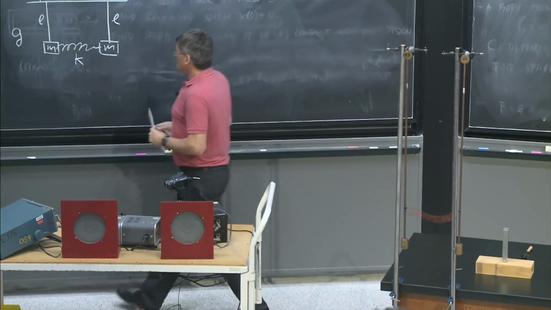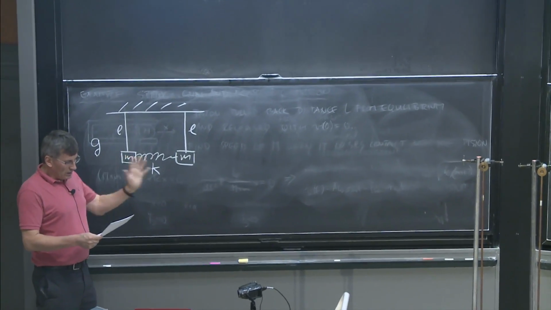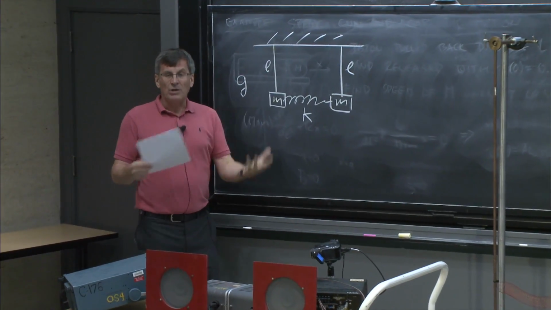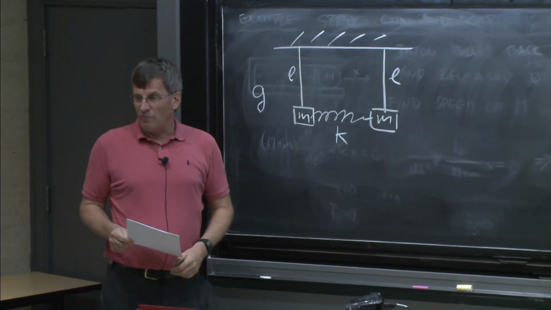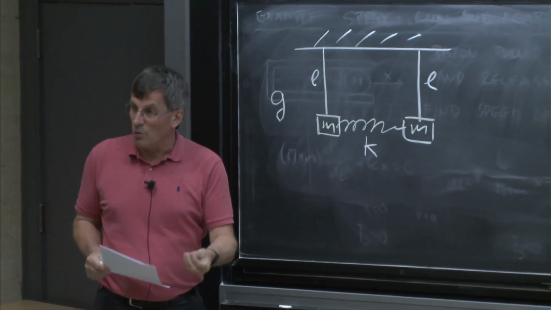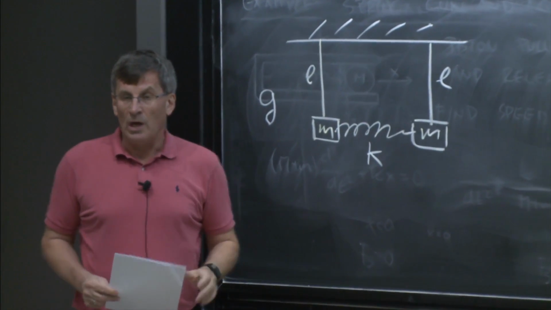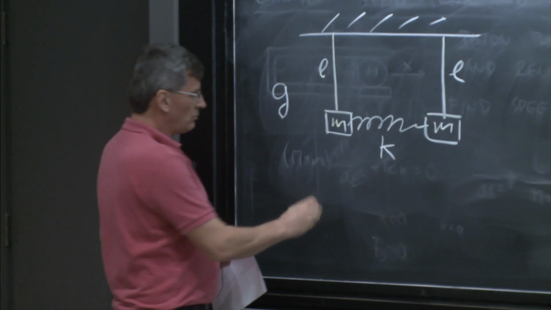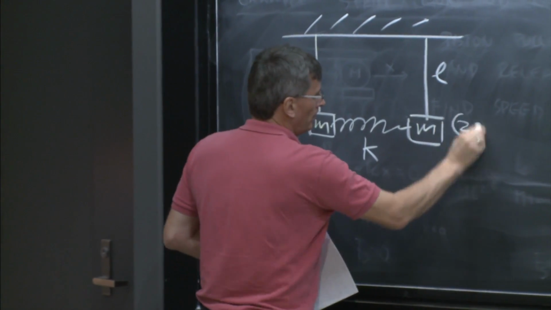To study the motion of this thing and understand how it works, let's parameterize it, displace it from equilibrium, look at the forces, and try to calculate the equations of motion. We will characterize the system by two position coordinates. We'll give this one number 1 and this one number 2.